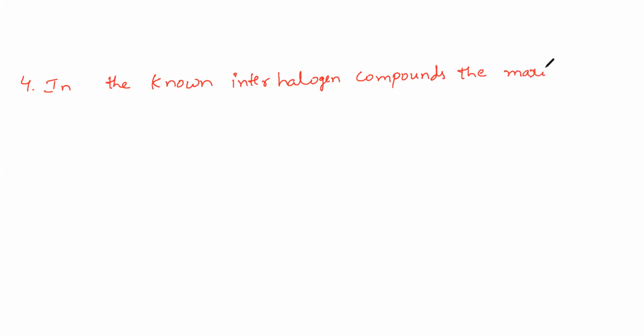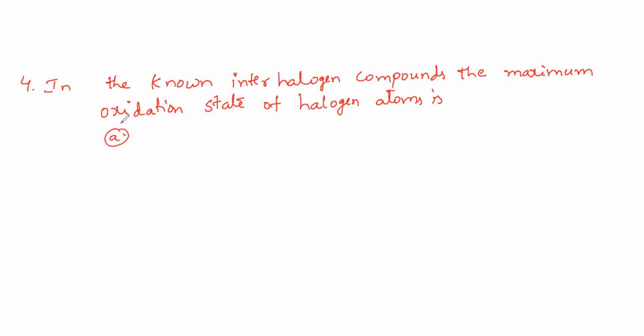In the known interhalogen compounds, the maximum oxidation state of halogen atoms is: option A, 1; option B, 5; option C, 7; and option D, 8.